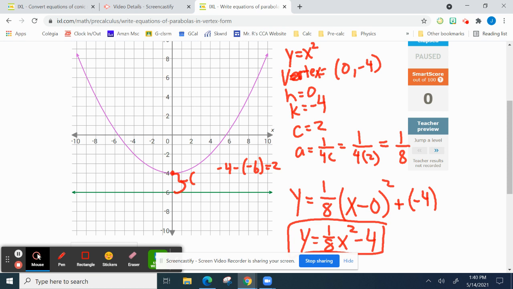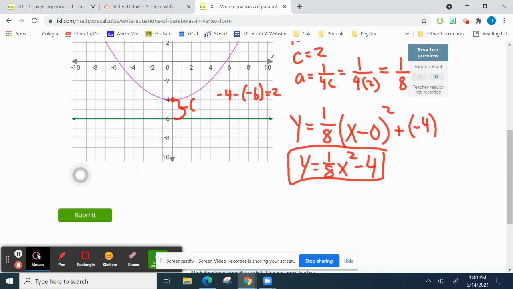We'll put it in just so we can see it together. y equals 1/8 x squared minus 4. If you follow that procedure, you'll have the whole thing down in no time. Just make sure you find your h and your k, and keep your h with the x and your k with the y.